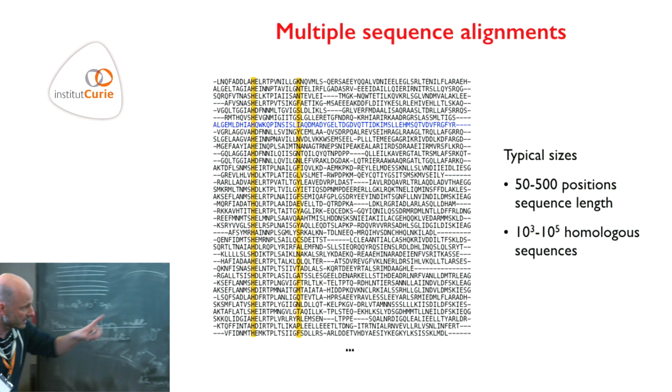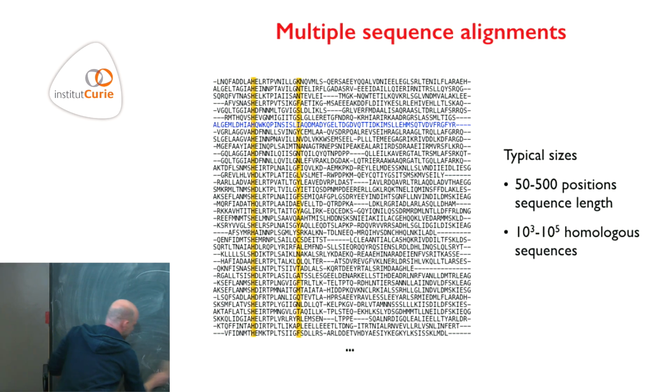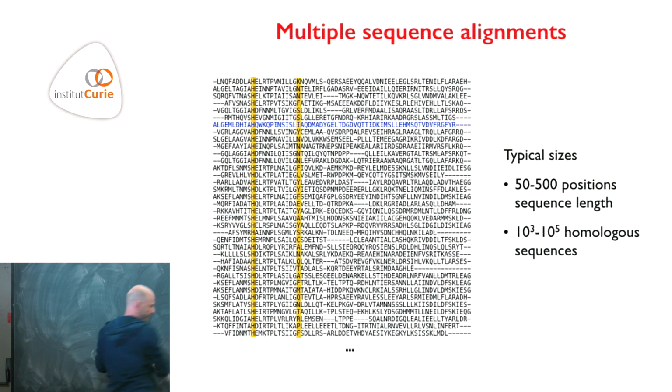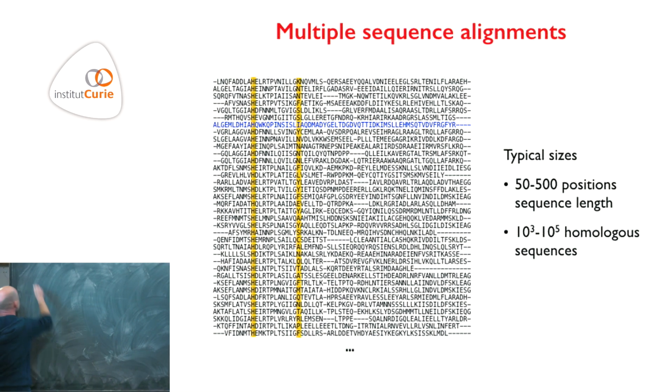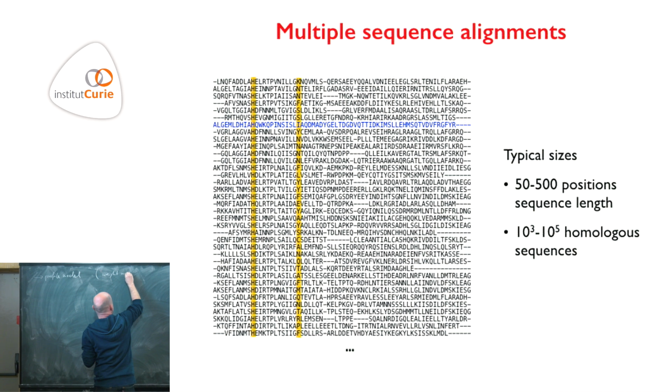So if I actually plug this into this maximum entropy framework, I get something which is typically called a profile model, which is equivalent to what Eric mentioned as weight matrices.